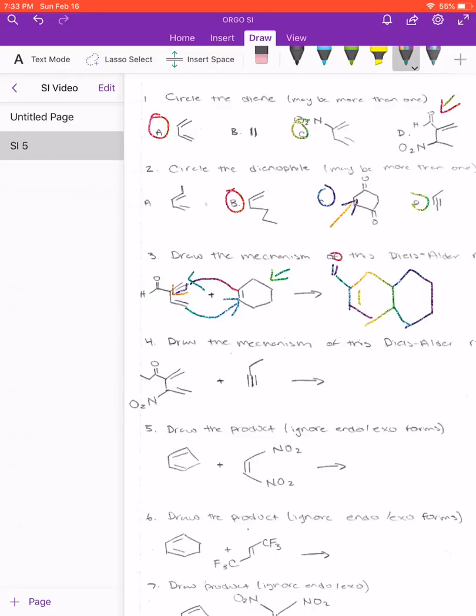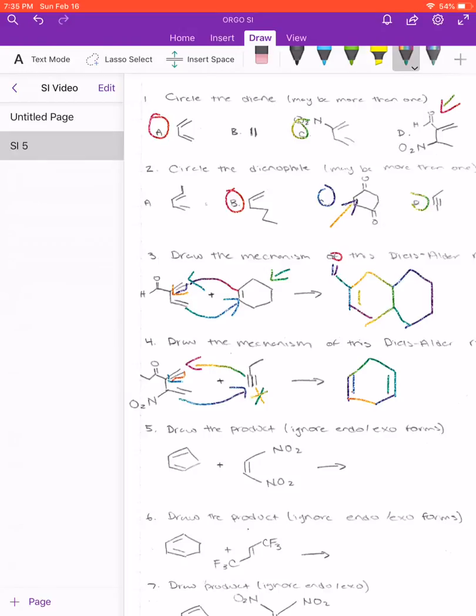is going to be the exact same thing. So this double bond goes right there. Now right here, you have an alkyne as a dienophile, but it's the same mechanism. And then this double bond goes right here. But right here, you're going to note when I start drawing this, that not only are you going to retain the double bond from the diene, you're also going to retain a double bond from the dienophile.